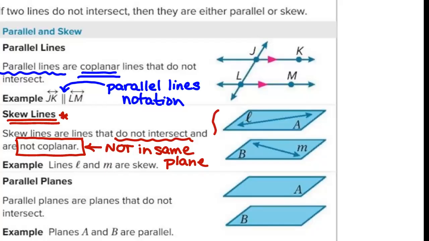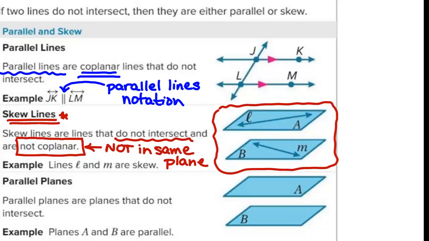So here's a picture of two planes, one above the other. Plane A is above plane B. Plane A has a line L that's going back and forth from the lower left corner to the upper right corner. Plane B has a line that goes back and forth from the upper left corner to the lower right corner.